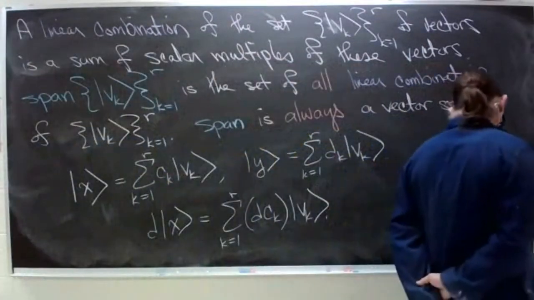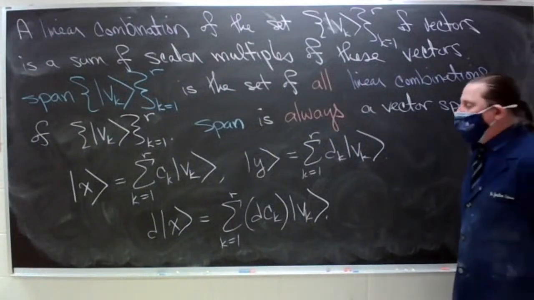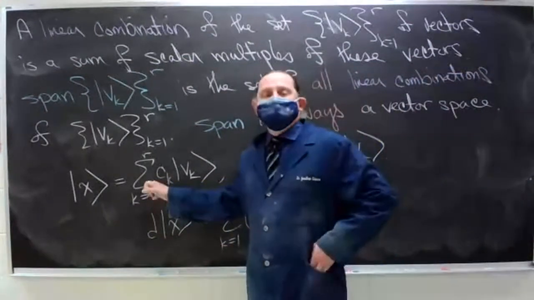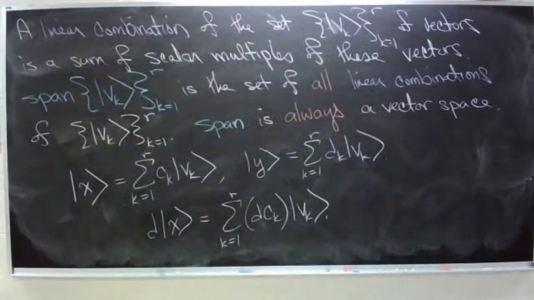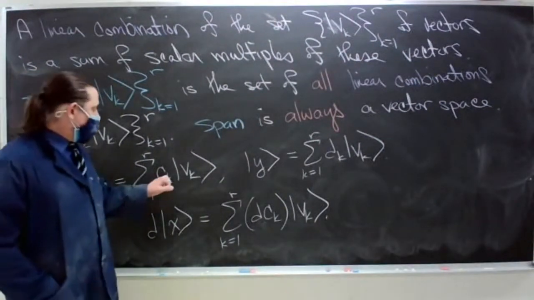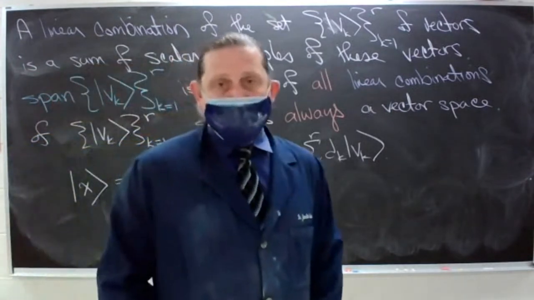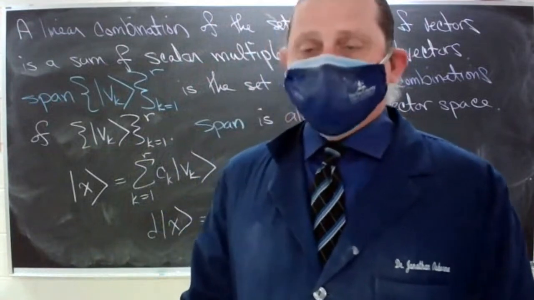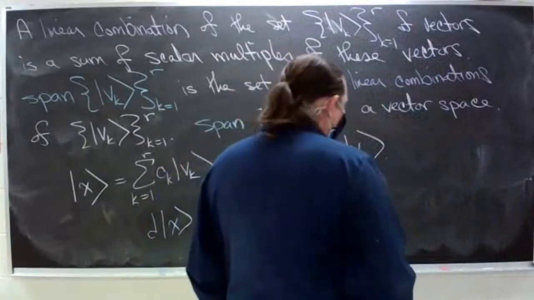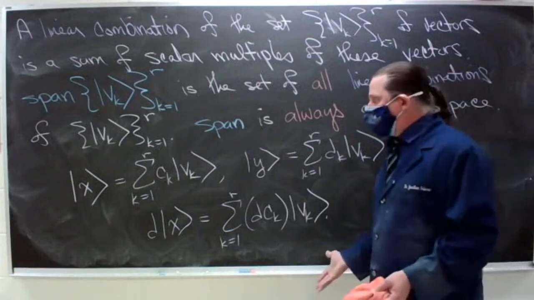All right? Do I have an additive identity? Well, it's fairly obvious that if I choose c_k equal to 0 for all k, then I'm just doing 0 times each of the vectors and adding them up. And you could go back through the axioms and see why it must be the case that that is equal to the 0 vector. So you can always get the 0 vector, and then it's fairly obvious that you can get additive inverses.